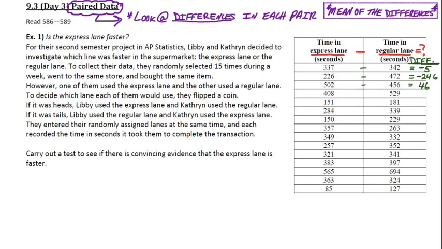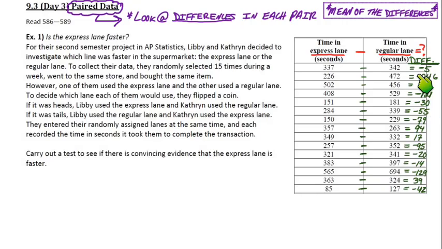Then we have positive 46, negative 121, negative 30, negative 55, negative 79, 94, 17, negative 95, negative 20, negative 14, negative 129, positive 39, and a negative 42. So we've got our differences for each one of the 15 store visits.